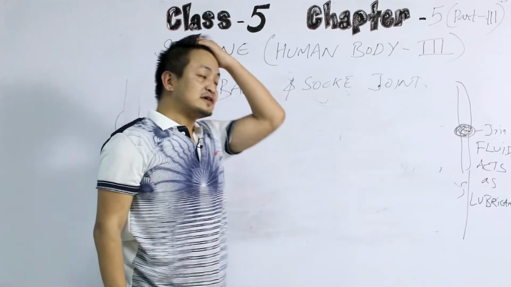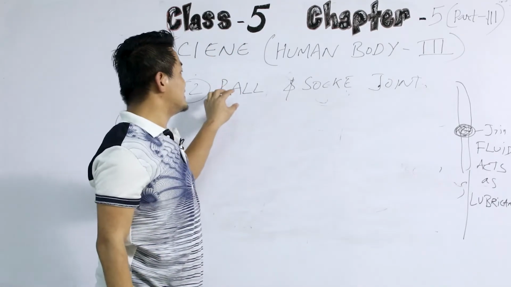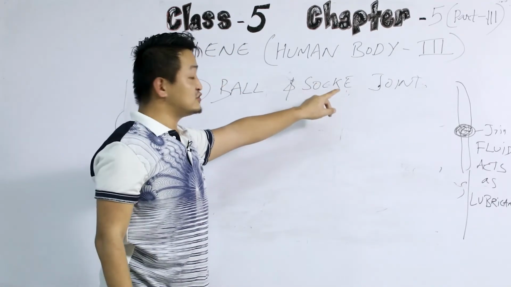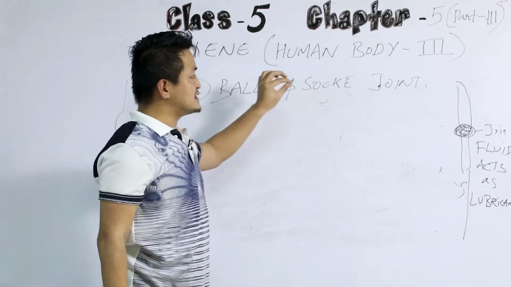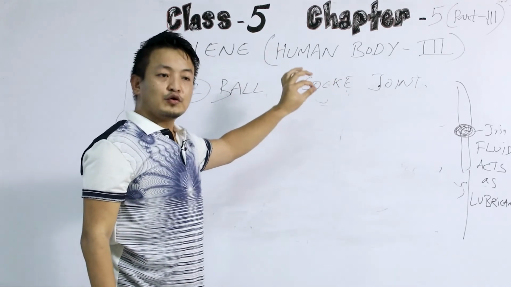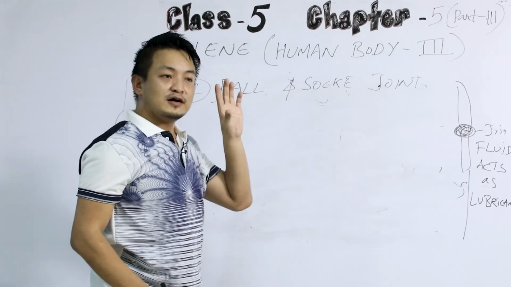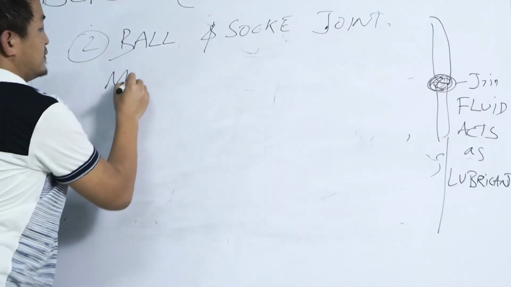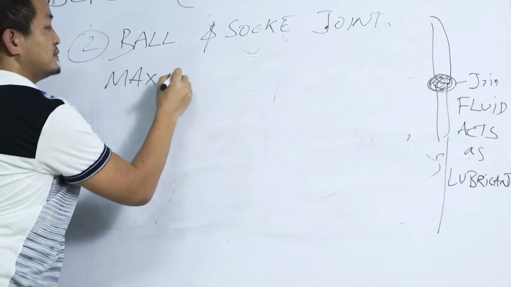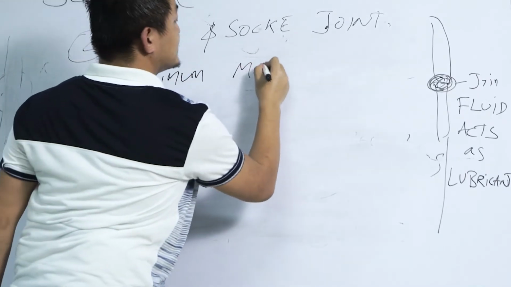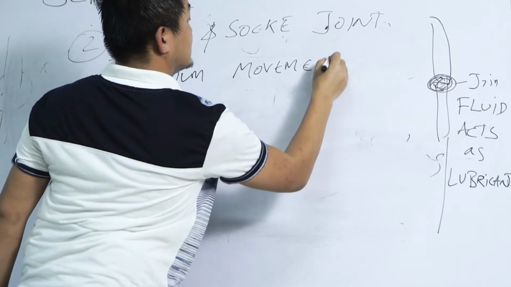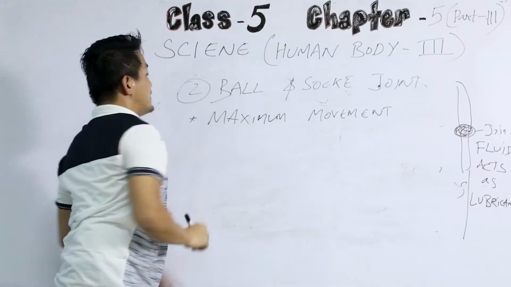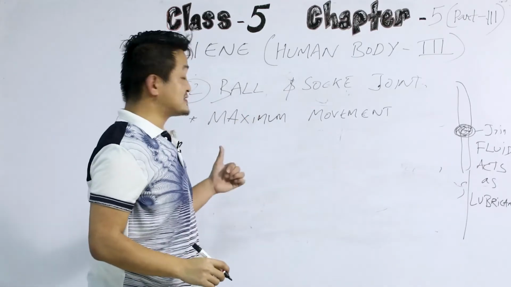So my dear students, I explained the ball and socket joint in the last class. This is the only joint in our body that allows maximum movement. In maximum directions it can twist, clear?